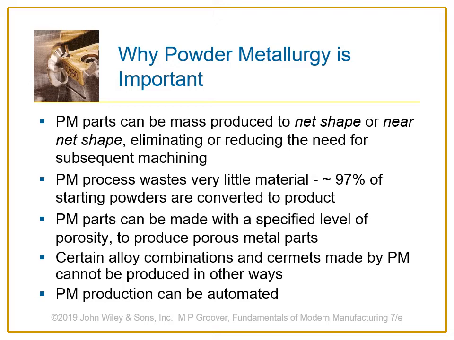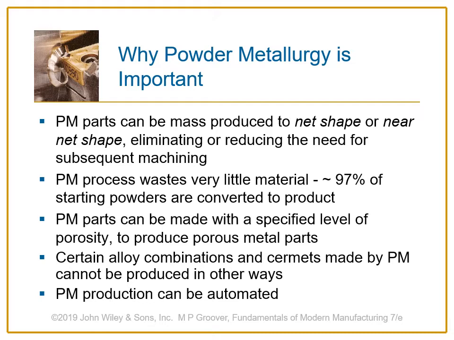Owing to the nature of the starting material in powder metallurgy, parts having a specified level of porosity can be made. This feature lends itself to the production of porous metal parts, such as filters and oil-impregnated bearings and gears.